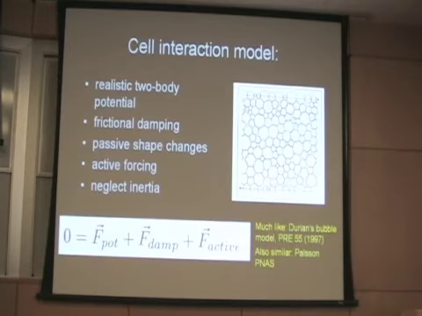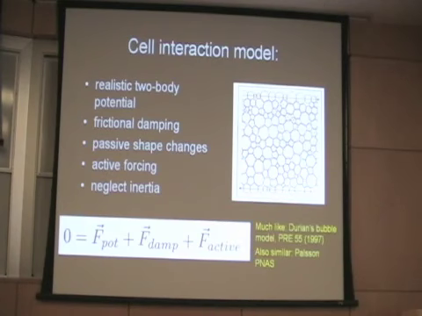And so the model that we've developed is a cell interaction model. We treat these cells, we talk about the cell center of mass, and they interact via a two-body potential, which I'll talk about in a minute. There's also dissipation through frictional damping. And the shape changes in this model are passive, which means that the cells change their shape based on their interactions with their neighbors.